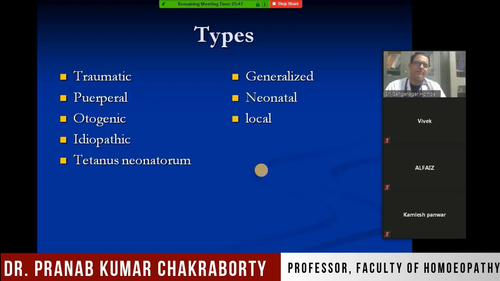Those are the idiopathic cases. Some are iatrogenic, sometimes during surgical operation, if the instrument or OT is not properly sterilized and sterilization technique is not adopted, a patient may develop tetanus.